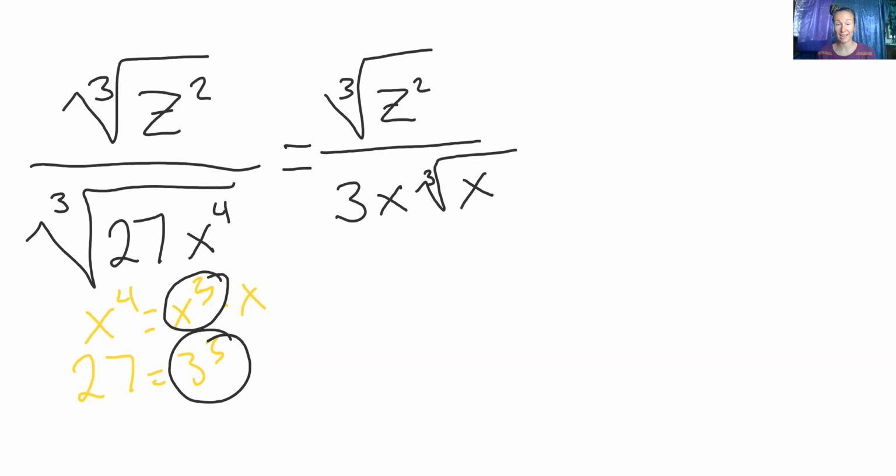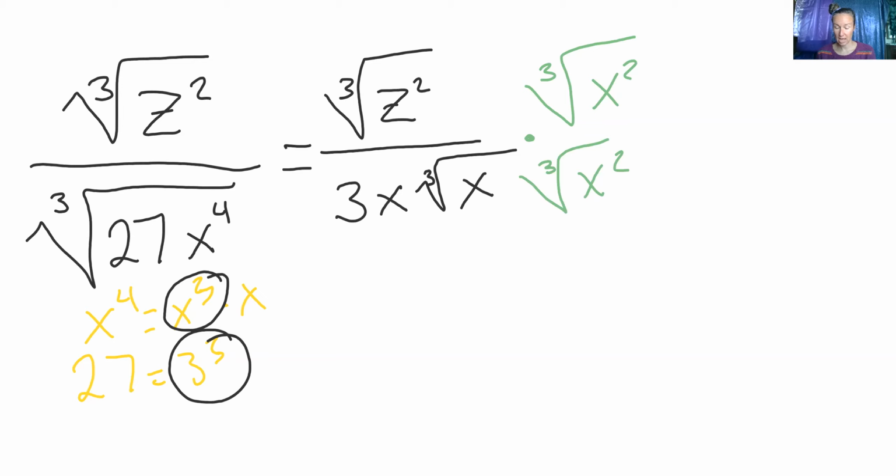So now if we want to rationalize the denominator here, we have a single factor of x inside a cube root. So we are going to need 2 more factors of x inside a cube root to make this a complete cube. So we are going to multiply by the cube root of x squared. Right. Now in our numerator, we've got z squared and an x squared.